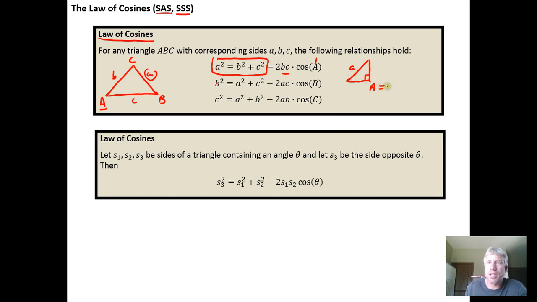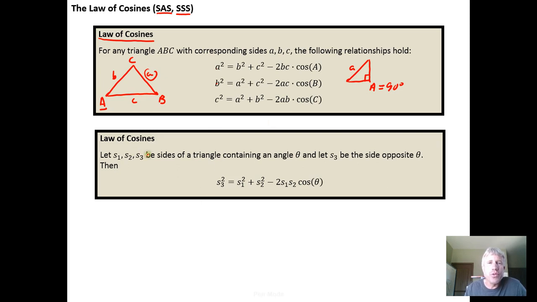And A is going to equal 90 degrees. When we plug 90 degrees into the cosine function, the cosine of 90 is 0. We get 0 times this stuff. And indeed, the law of cosines in the case where the angle A is a 90-degree angle does just simplify to the Pythagorean theorem. So there's a sense in which we could say that the Pythagorean theorem is just a special case of the law of cosines.